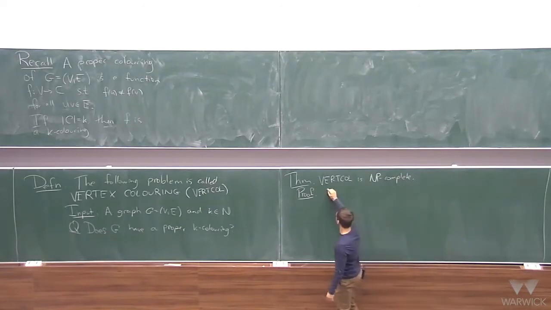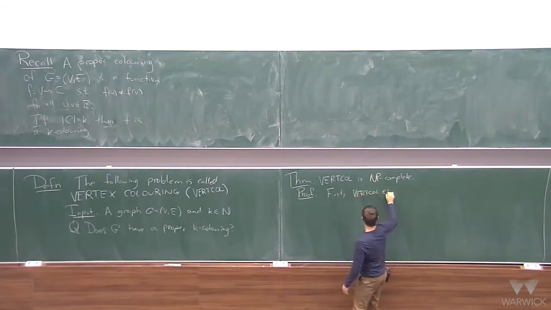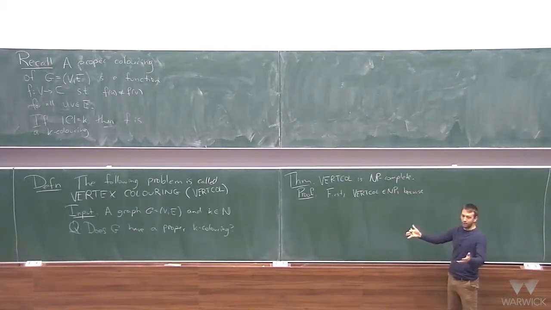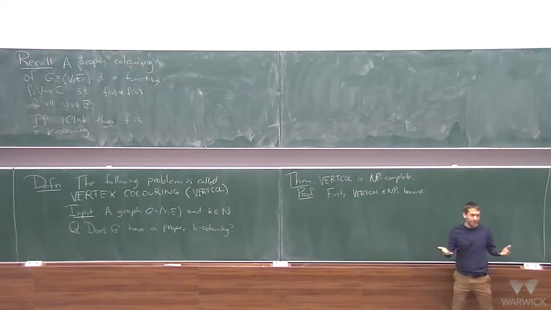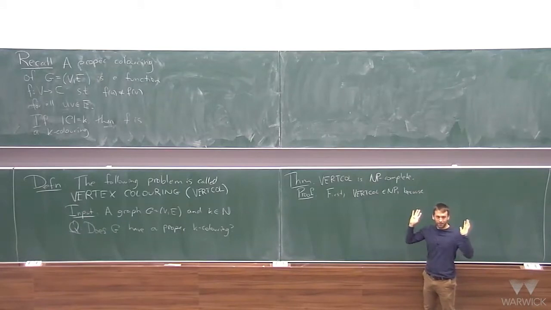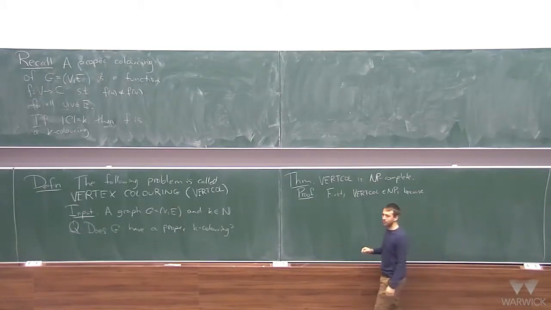So first, why is it in NP? Well, if you have a yes instance and you have a proper K coloring of the graph, you can just check: is it true that all the edges have different colors on each end? Does it really use K colors? Those are questions you can answer pretty easily.